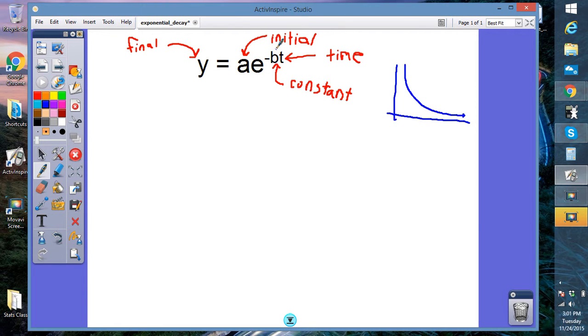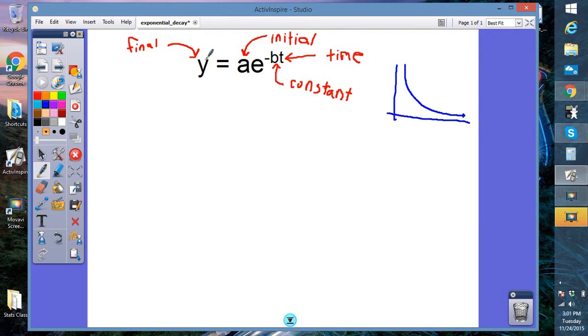Okay, so think about this problem, what they've told us. They've told us the half-life, the time it takes for half of the material to decay. In almost all of these problems, you're going to use the half-life to figure out what B is first. Because it's a half-life, we know the initial quantity and the final quantity.